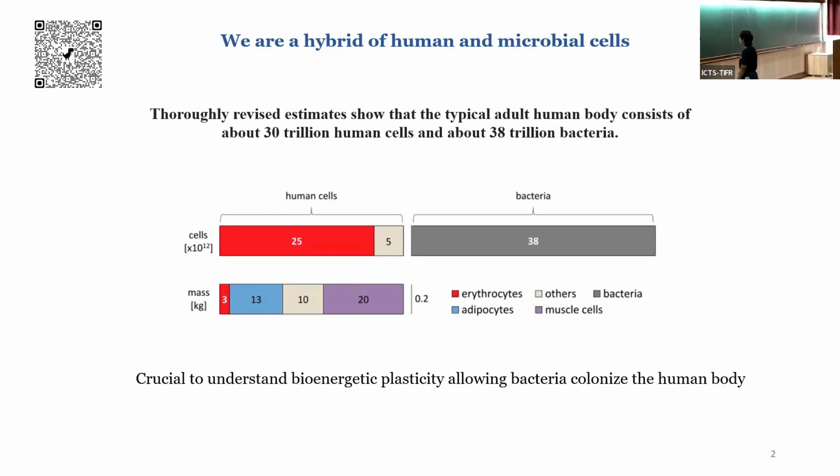So before going further into the talk, let's just get on the same page about what I mean by metabolic plasticity. This is something that has been coming up over the past 2 weeks, and I expect that most of you have an idea about what we mean when we say metabolic plasticity.